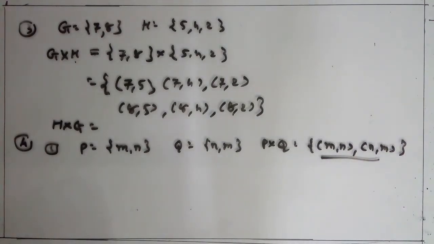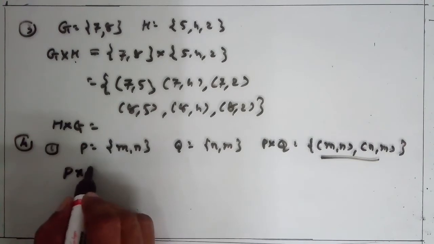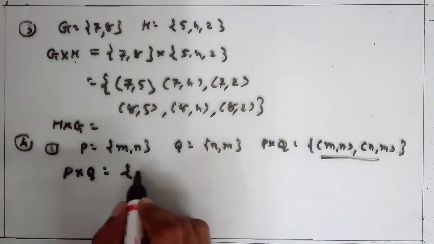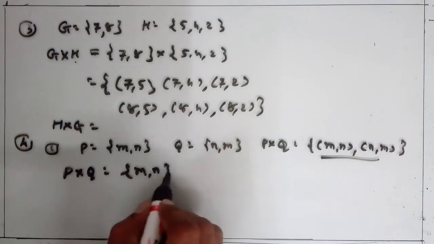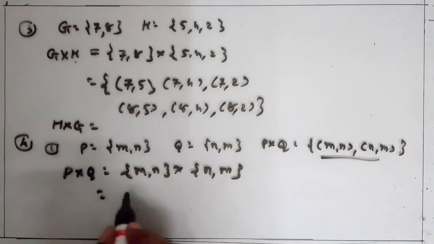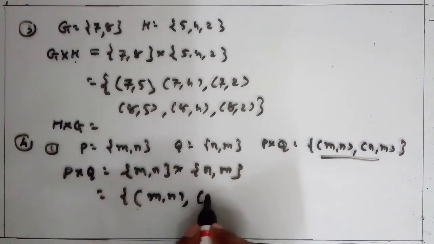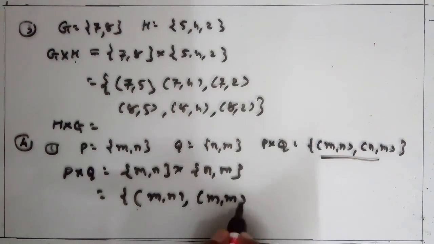No. So which elements are not given in P cross Q? Here P cross Q is {m, n} cross {n, m}. So it is equal to: M with this, (m, n), (m, m).